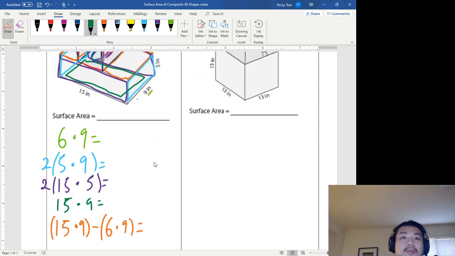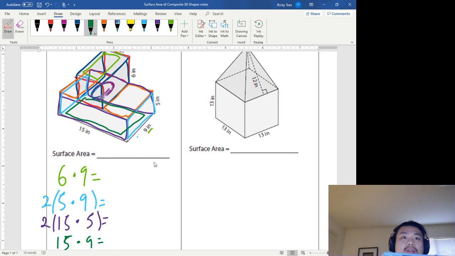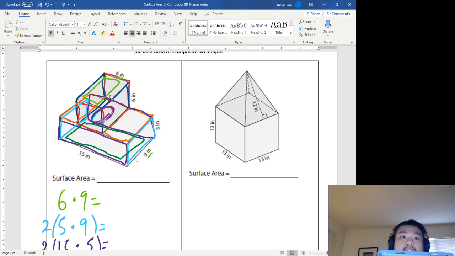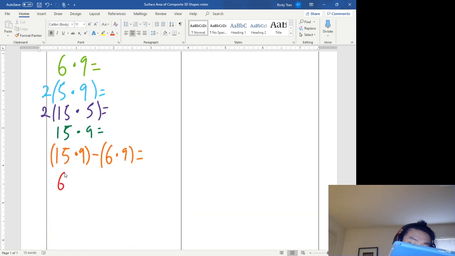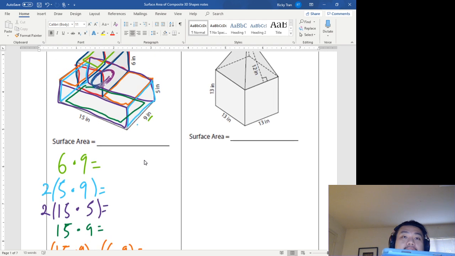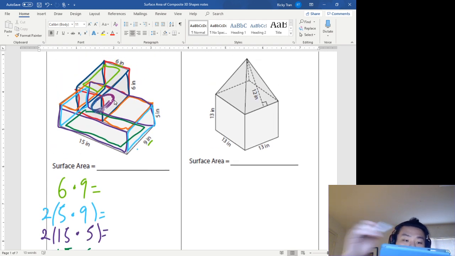Okay, and then we have, let's see what other colors. Red. So red is 6 by 6, so 6 times 6, and there's two of them. Okay, let's see what else. Oh, dark blue.